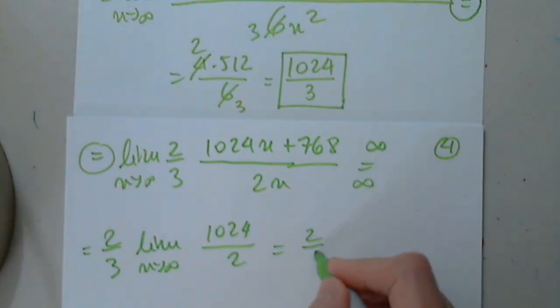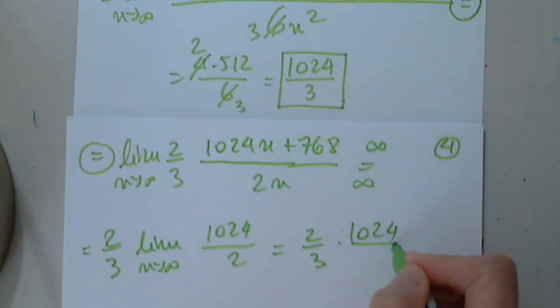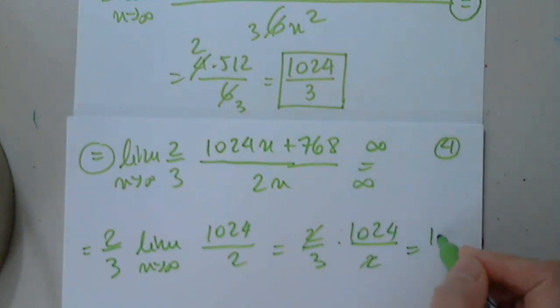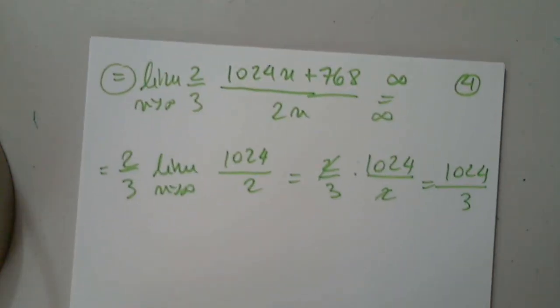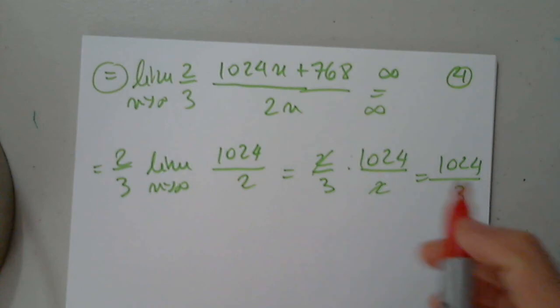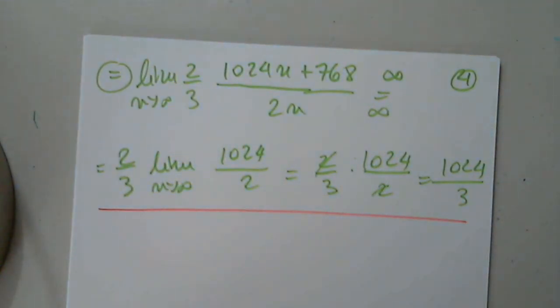So this is it. 2/3 times 1024 over 2. And I get 1024 over 3. That's with L'Hopital's rule. Thank you. Sure. But now we want to, the moment of truth, we want to determine, as I showed last time, and this is where we will continue from.